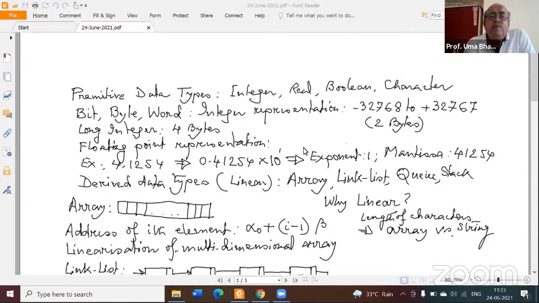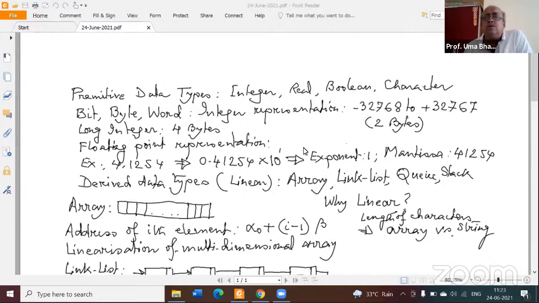So if you look at the screen, if the starting address of the array, I'm talking about the address in the machine, is alpha 0 and the width of each location is beta, you can easily see where the ith element's address will be: alpha 0 plus (i minus 1) into beta.